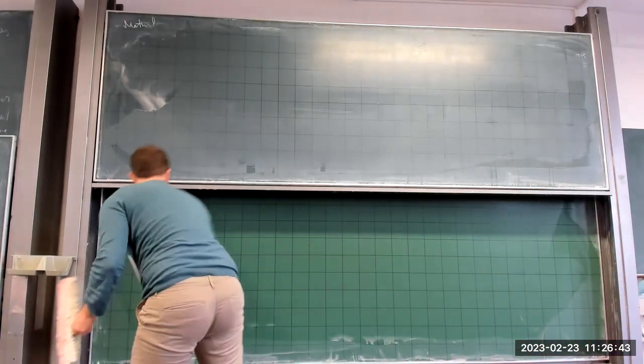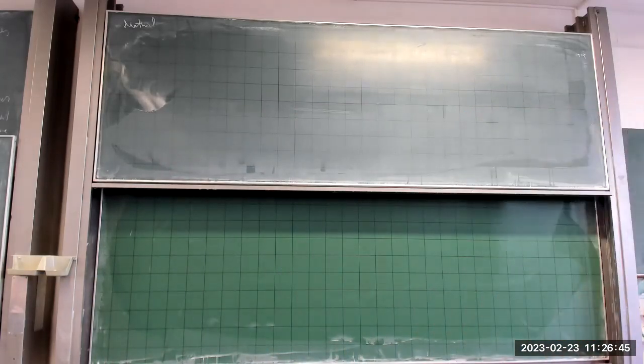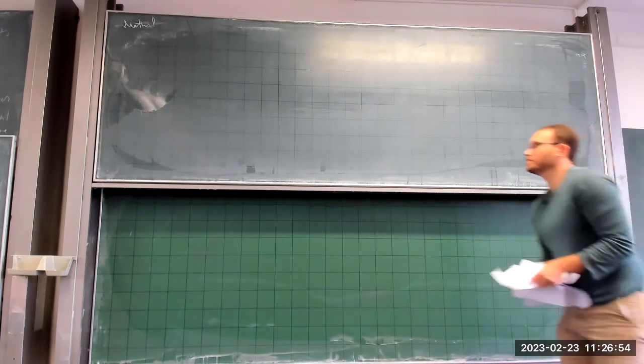It says that the integral structure of the cone complex needs to map onto the integral structure of the cone complex. Ah, okay. I'll draw you some pictures.